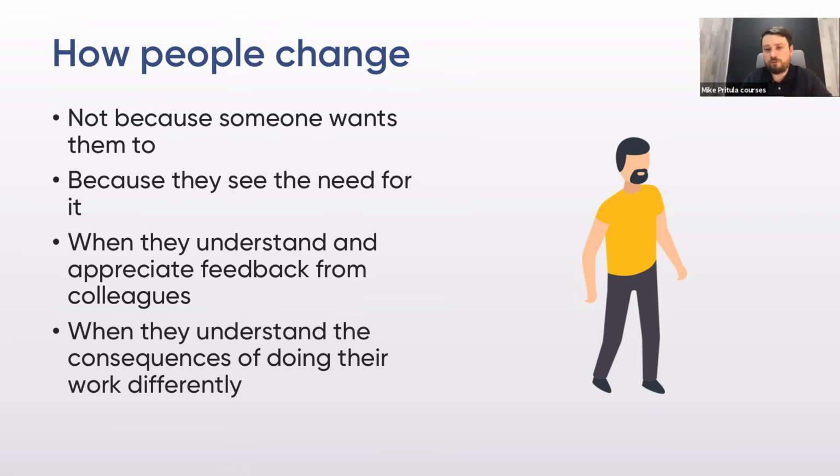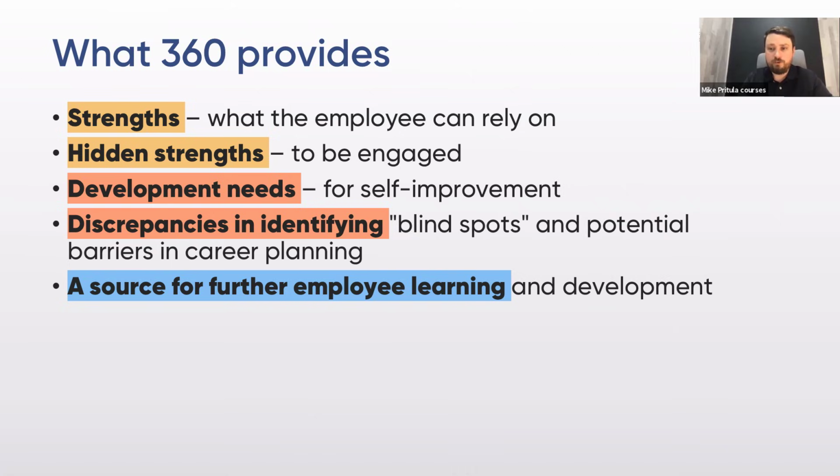What does a 360-degree assessment provide? What are its outcomes? A list of strengths? Actually, it's a useful thing too. A person understands that these are their strengths and can rely on them. Hidden strengths can be revealed. A person might not even know, but it turns out they're great at something according to the assessment results. Perhaps this will be a reason for the person to think about some kind of development, either in their career or taking on a project.